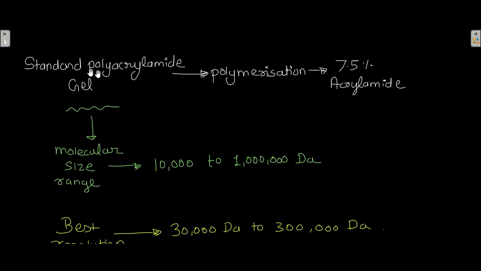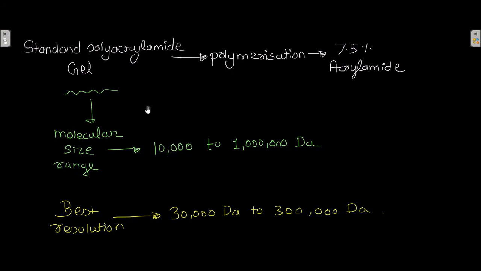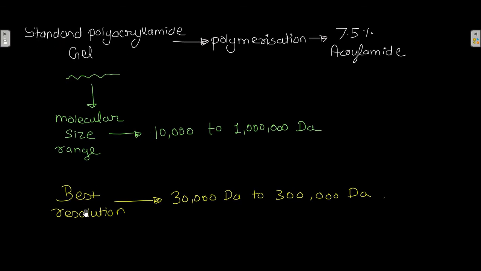Now, a standard polyacrylamide gel is formed by the polymerization of 7.5% acrylamide. By using this standard polyacrylamide gel, you can resolve molecules whose size ranges from 10,000 Dalton to 10 lakh Dalton, and the best resolution occurs between 30,000 Dalton and 3 lakh Dalton.